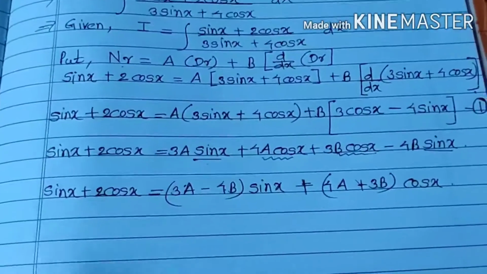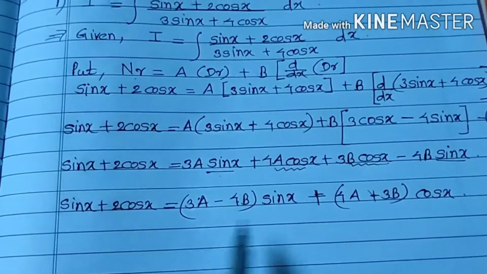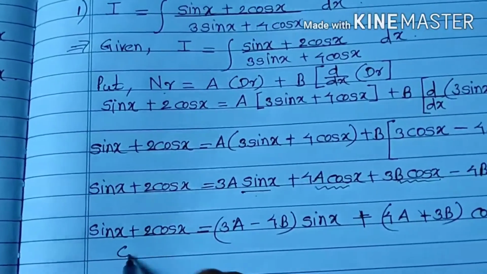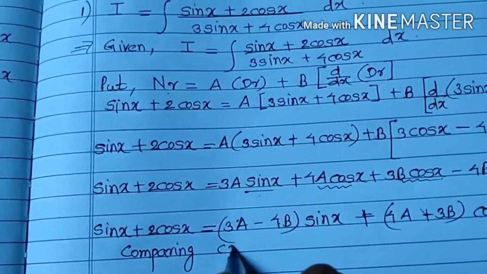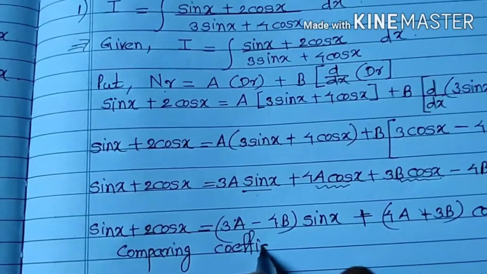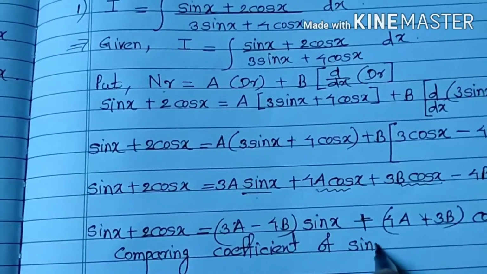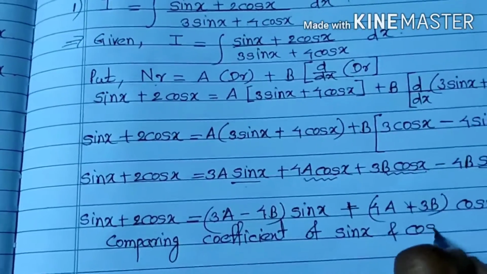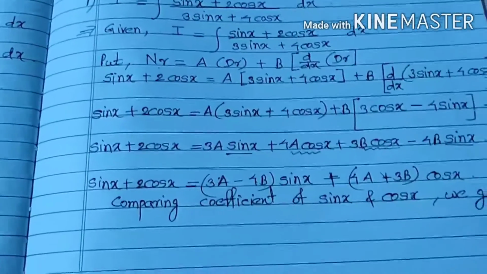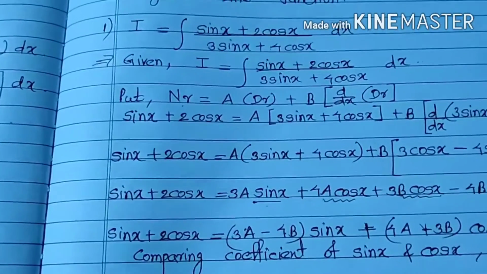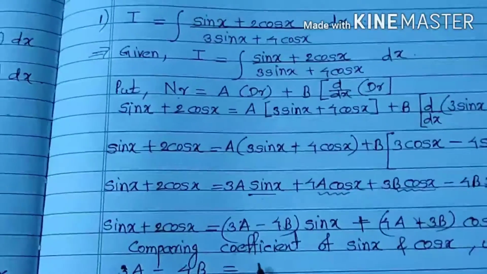Okay. Now equating or comparing the coefficients of sin x and cos x, we get after comparison 3a minus 4b is equal to 1.